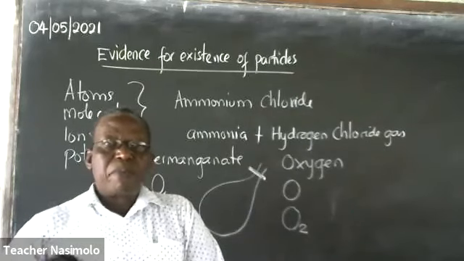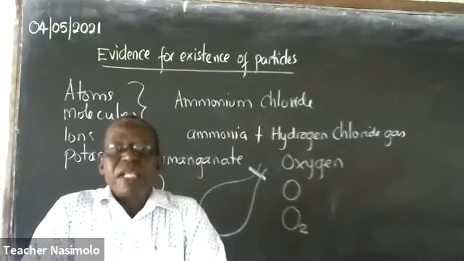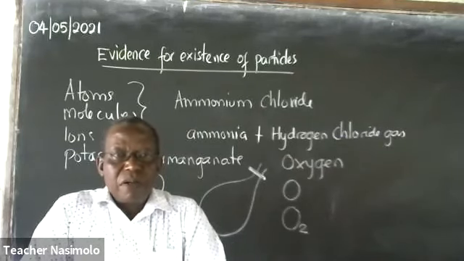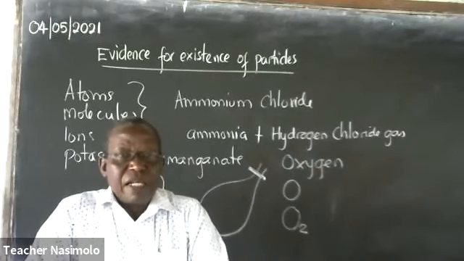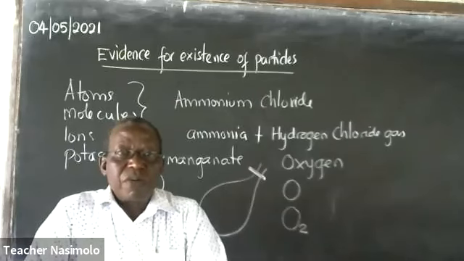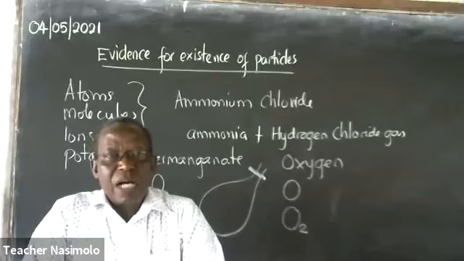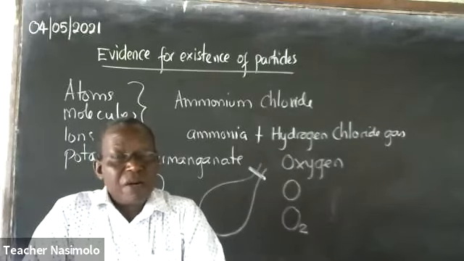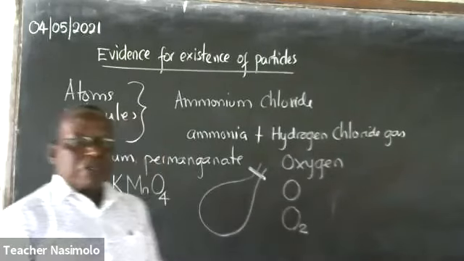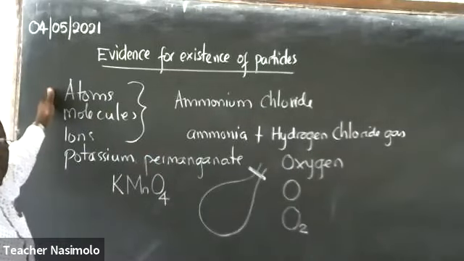So all over, even our bodies are made up of so many things. We have blood, we have water, we have bones, and so many others. All those are made up of either molecules or atoms, and also ions. We have ions in our bodies. Now you shouldn't get scared about these terms here.